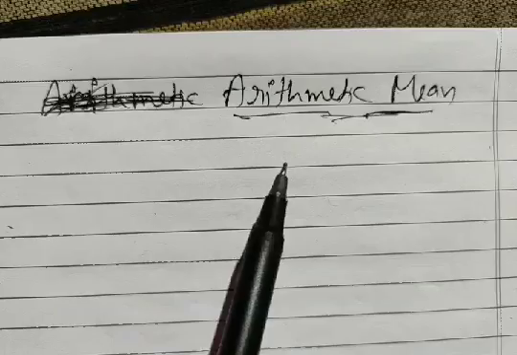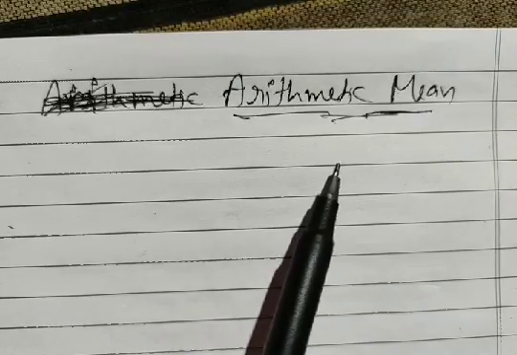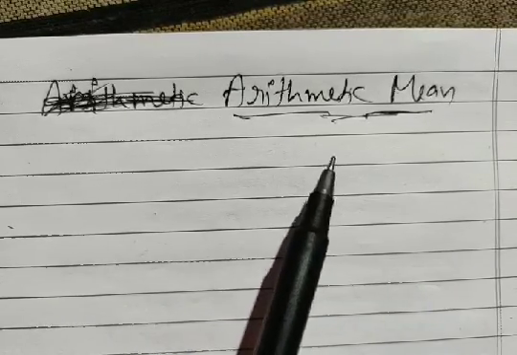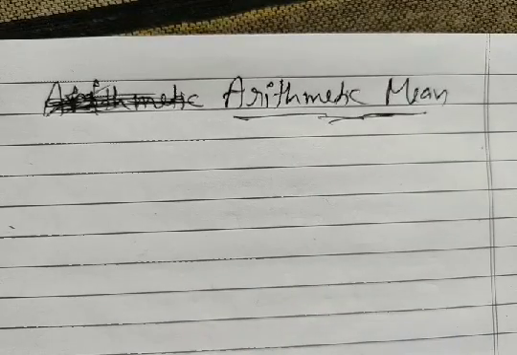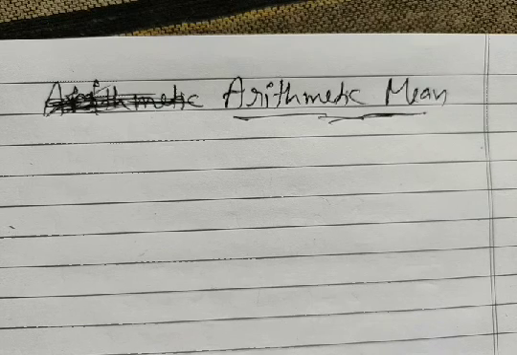Again, in class 11 you get arithmetic progression, and you have a lot of problems based on arithmetic mean. But I am going to explain it at a basic level, and you have to gain knowledge about what arithmetic mean is. In general, arithmetic mean is just like averages.